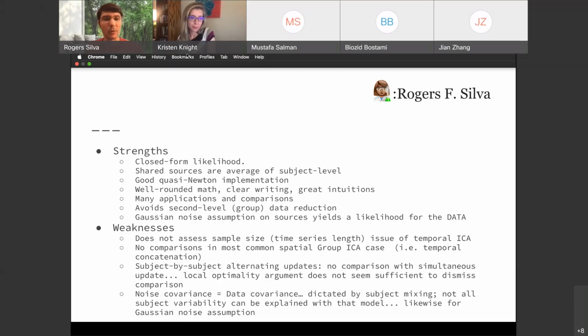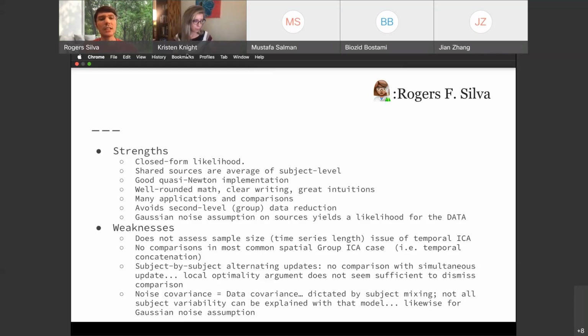There is a good quasi-Newton implementation of the method, and that's not very common, so I like that very much. The math and the writing and the intuitions in the paper are really good. There are many applications and comparisons beyond fMRI, including MEG datasets and others.